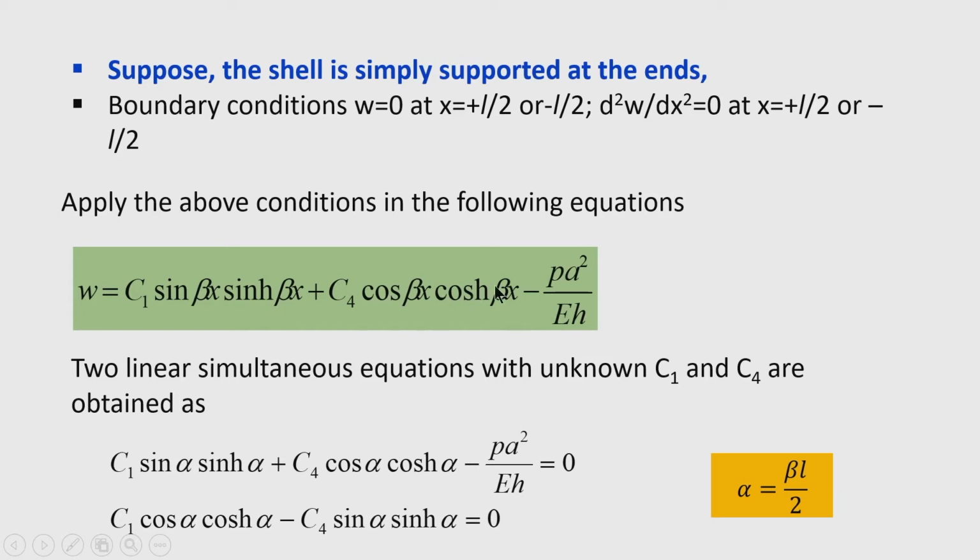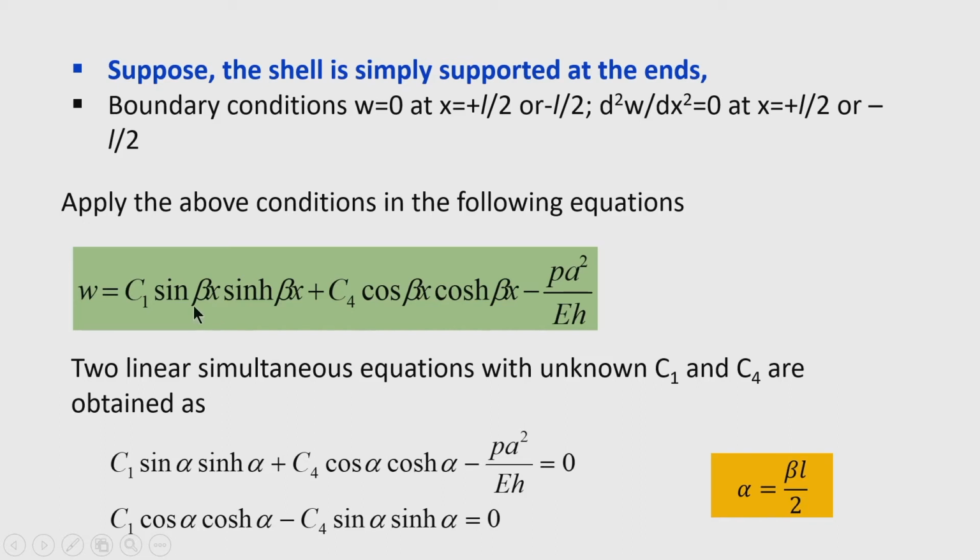So, first substitute the deflection condition at x is equal to L by 2. Substituting this condition, x is equal to L by 2, we now get C 1 into sin alpha into sin h alpha plus C 4 cos alpha cos h alpha minus p square by E h. From this equation, we directly substituted x is equal to L by 2 and we assume this parameter alpha as beta L by 2.